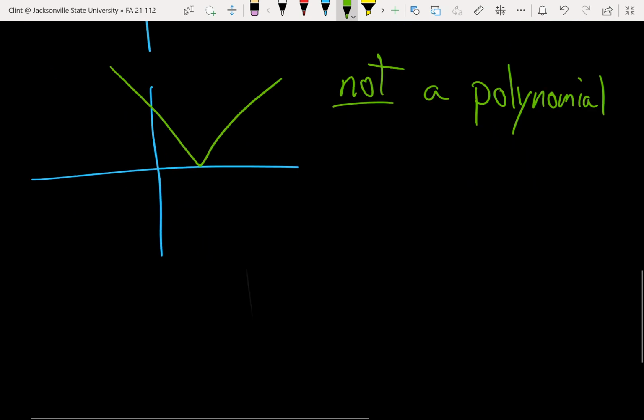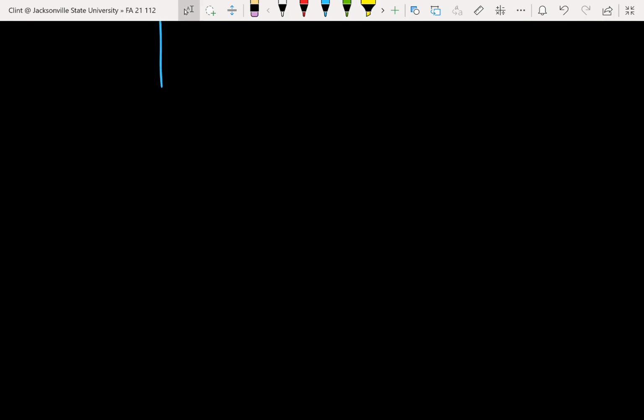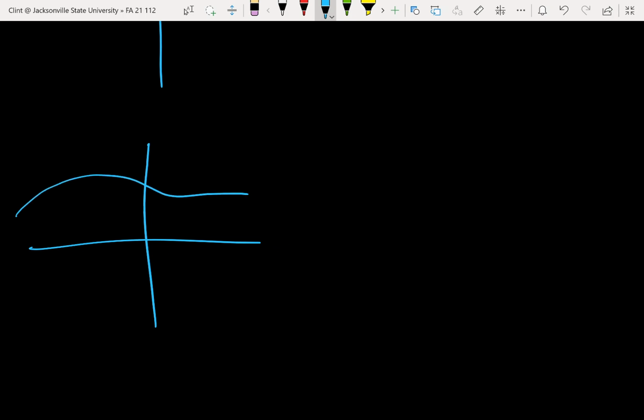And then our other one was a hole. Let me change colors. I'm thinking about the best way to draw that. Like that there. If we leave a point out on a graph, you'll see an open circle sometimes on a graph.